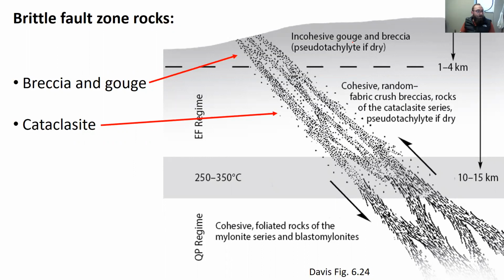So brittle fault zones are pervasively fractured and crushed with motion on faults or on fault zones. And so we use the term comminution to describe the action of the rocks being broken down into progressively finer and finer size fractions during faulting.